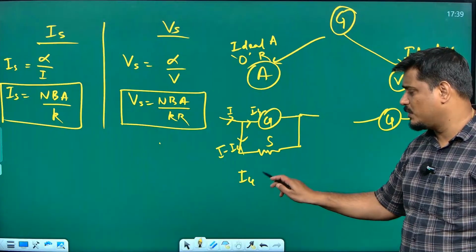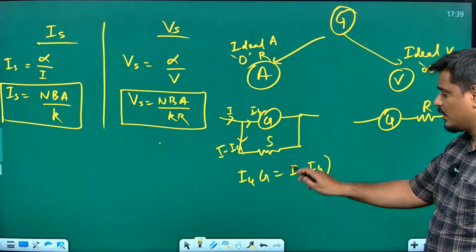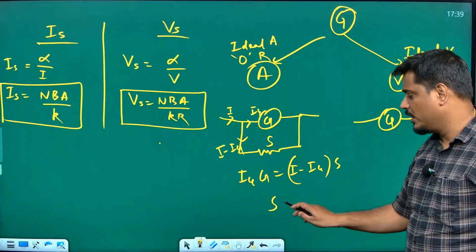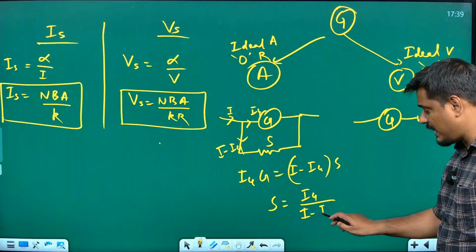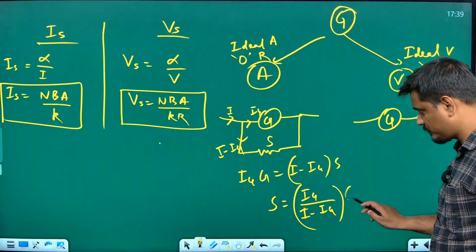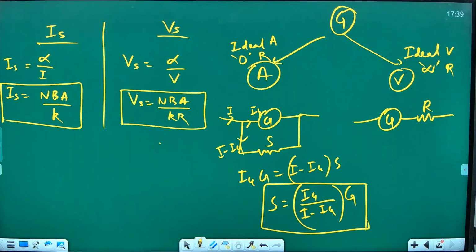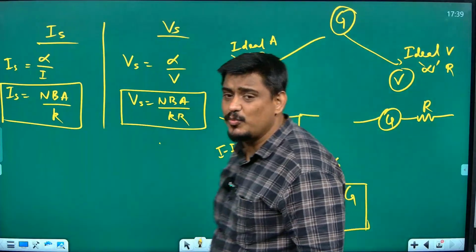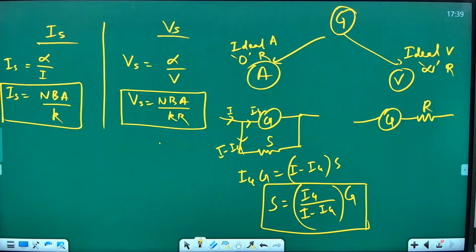So Ig into G will become (I minus Ig) into S. From here you can find the shunt value, which will become equal to Ig by (I minus Ig) into G. This is the formula of the shunt, by which you can find the resistance required to be added in parallel if you want to convert a galvanometer into an ammeter.